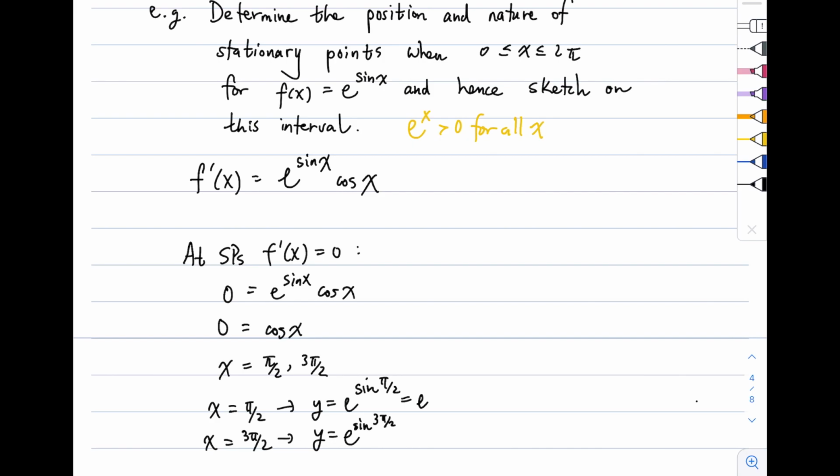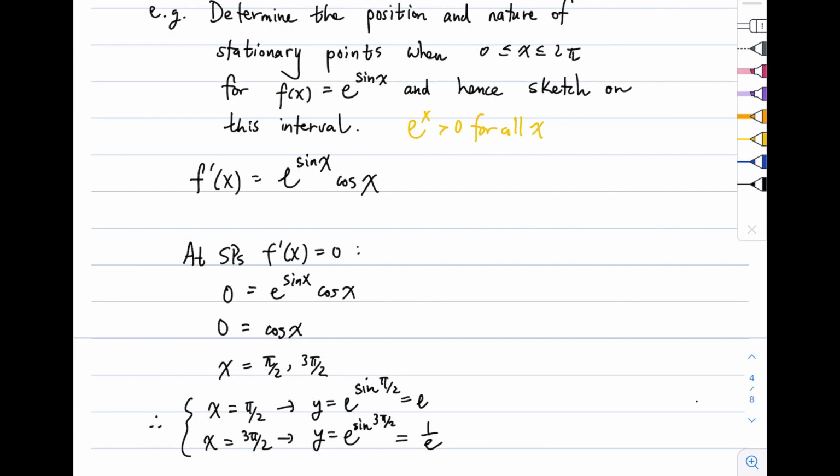Sine of 3 pi over 2 is negative 1. And so what we're left with is e to the power of negative 1. That's the same as 1 over e. Okay, so we have two stationary points. And these are the two stationary points: pi over 2 comma e, and 3 pi over 2 comma 1 over e.